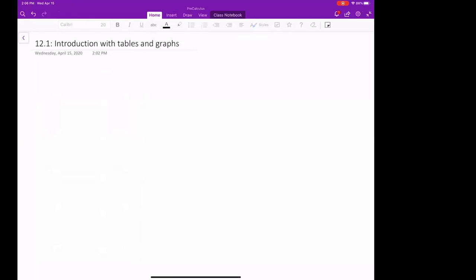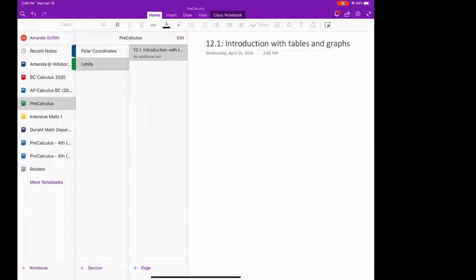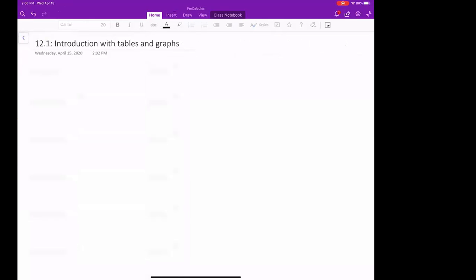So pretty cool. All right, so this is Introduction to Limits with Tables and Graphs. Sorry, I put it under the Limits tab. You can see here, and then it's in section 12.1. So it's the Introduction to Limits using tables and graphs.